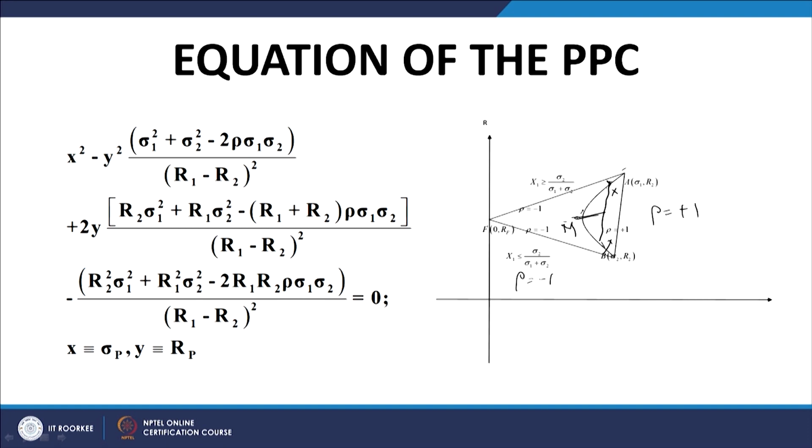Now, all points that lie above the point of minimum variance constitute what is called the efficient frontier, and all investment activity would lie on the efficient frontier, that is, above the point M along the portfolio possibilities curve. Points lying below M on the portfolio possibilities curve will be dominated by points lying above along the same vertical line, right. So, how do we now determine which portfolio is optimal for a particular investor?